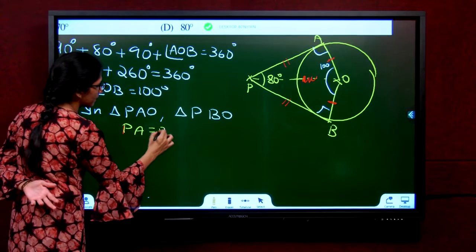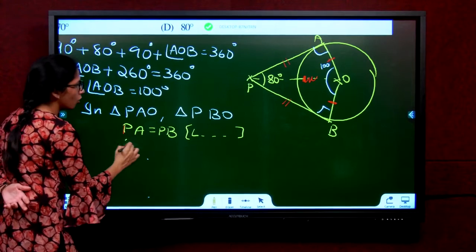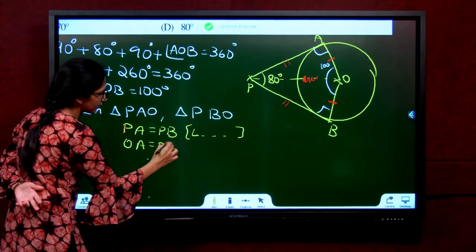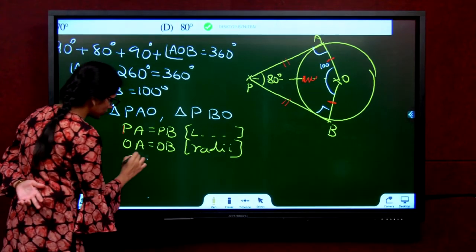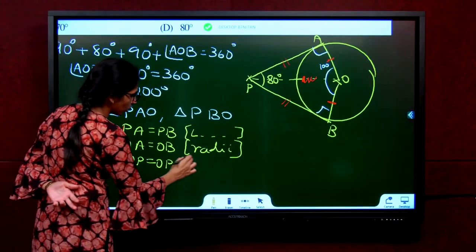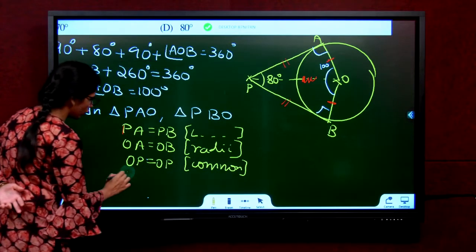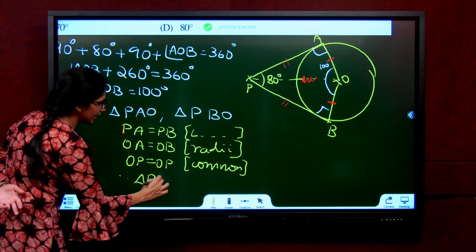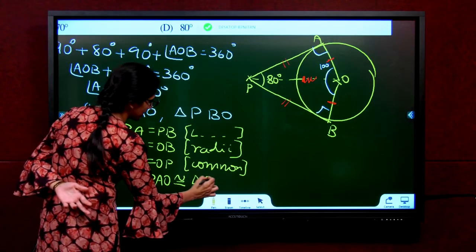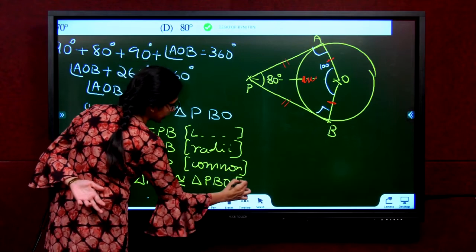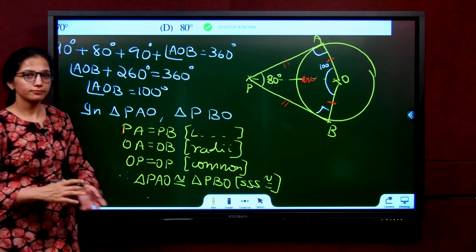So I will be quick now. PA equals PB, why? Length of tangents from an external point are equal. OA equals OB, why? Radii. OP equals OP, why? Common. Therefore, triangle PAO is congruent to triangle PBO. SSS congruency. Till here clear?